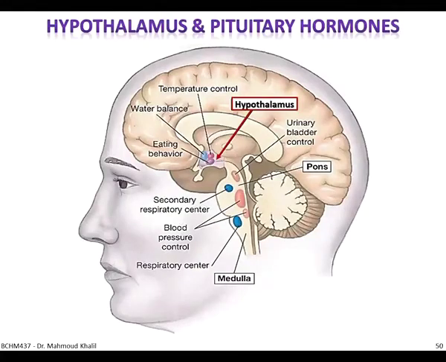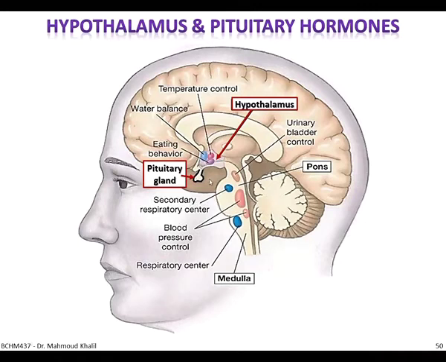So this figure only shows the position of the hypothalamus. You can see that the hypothalamus is located deeply inside the brain, above the pituitary gland. As we said before, the hypothalamus is controlling the pituitary gland.